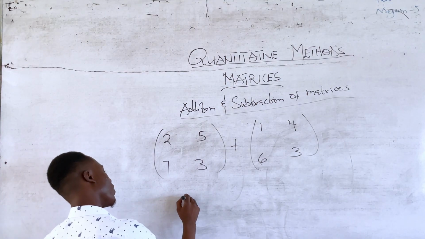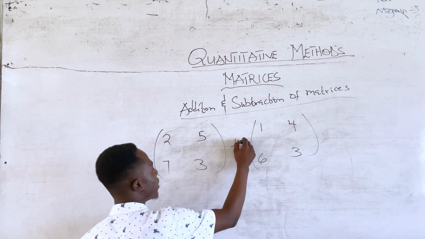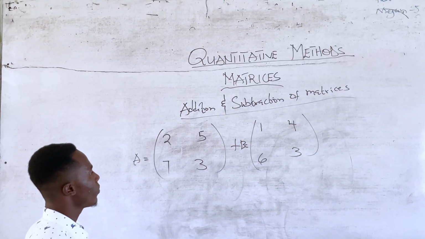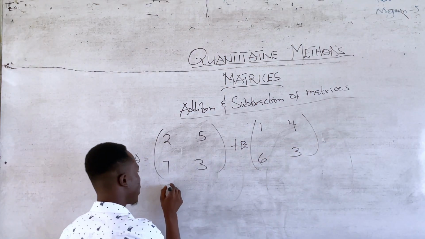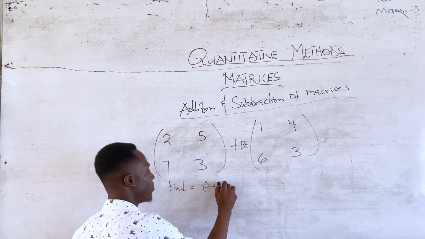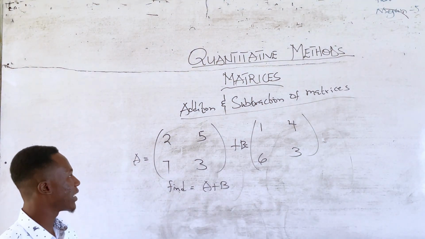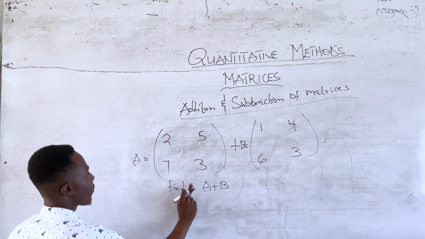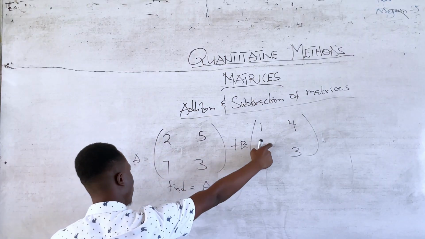So this is A, and this is B, normally. The question will ask you to find A plus B, right? So if you see something like this, it means you are supposed to add this matrix plus this matrix. So this matrix is A. So we are going to add this to this one.